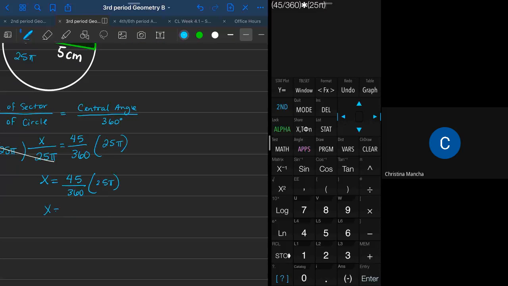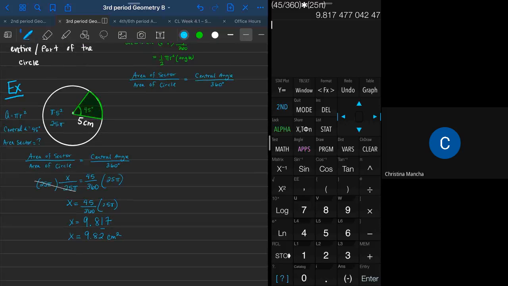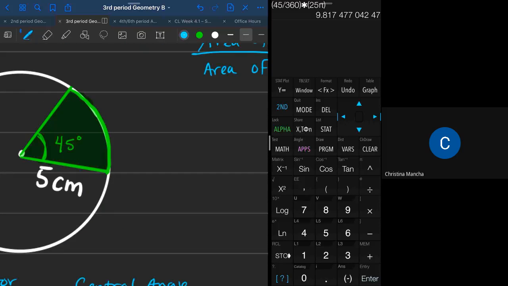And so then I'll get x equals, and the area is 9.817. And then let's go ahead and round our answer to the nearest hundredth, which means x equals 9.82, and it's going to be centimeters squared. So that means that this section of the circle is 9.82 centimeters squared.